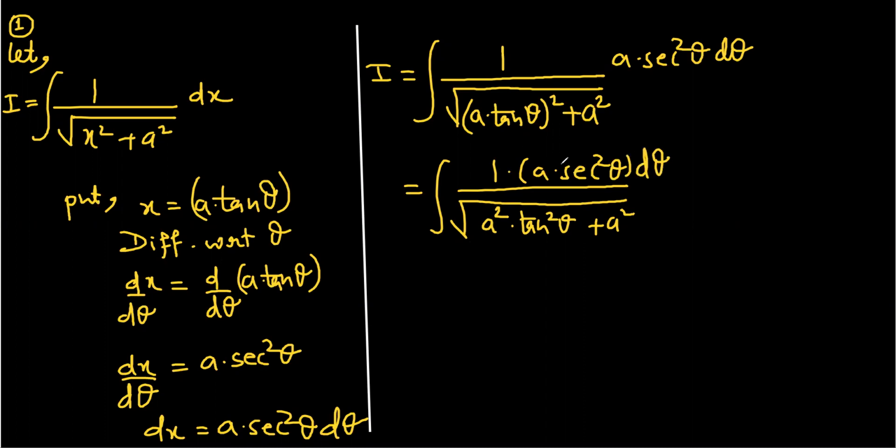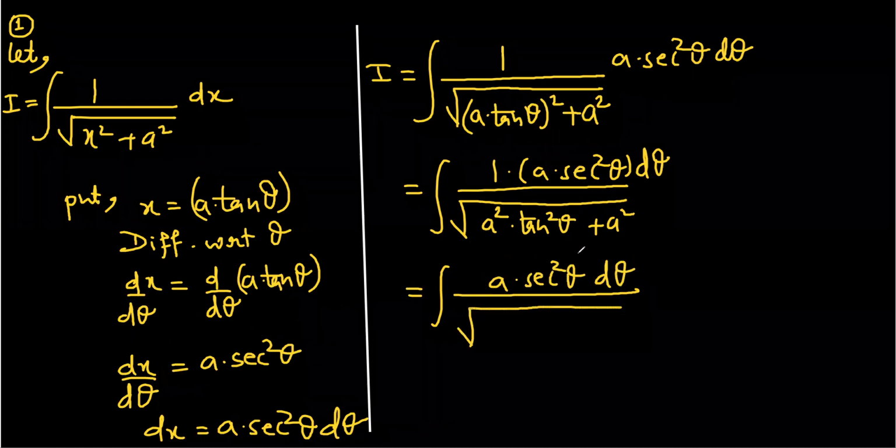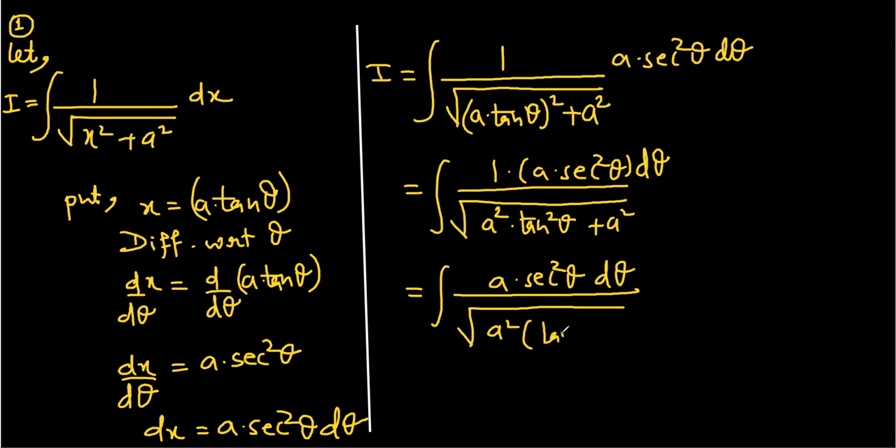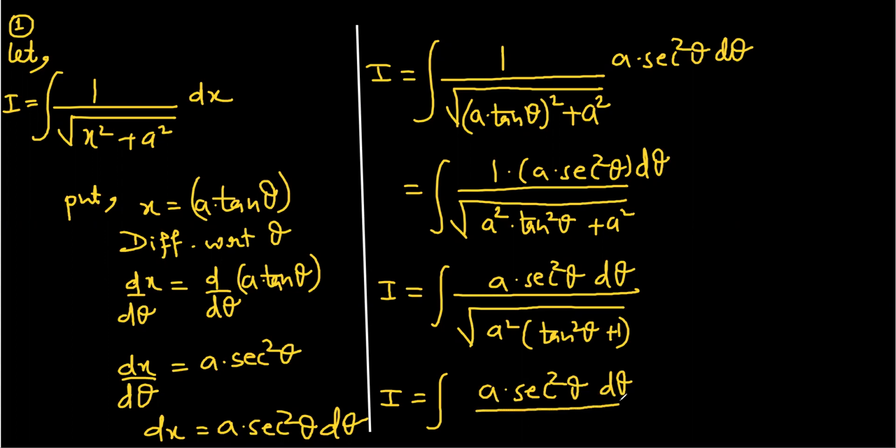When you multiply 1 by any number, you get the same number. So here I have a sec square theta d theta. And down here in the denominator, a square is common, and I get tan square theta plus 1. So I have the square root in the integral of a sec square theta d theta, and in the denominator I have a square times tan square theta plus 1, which is sec square theta.